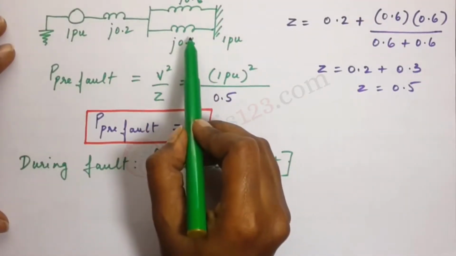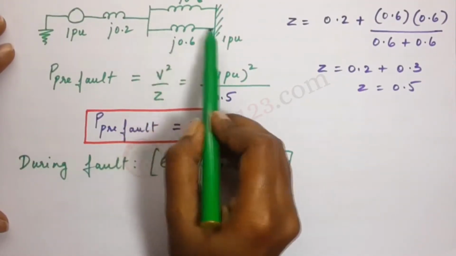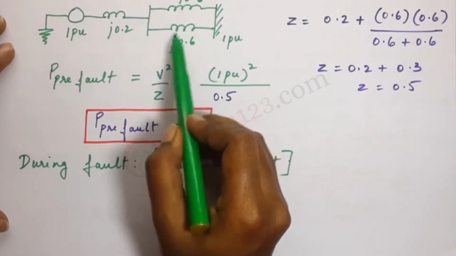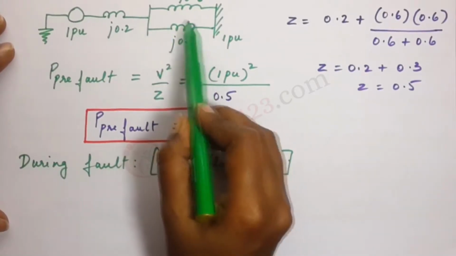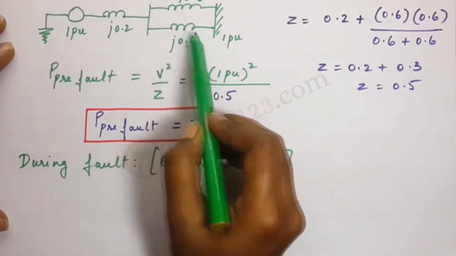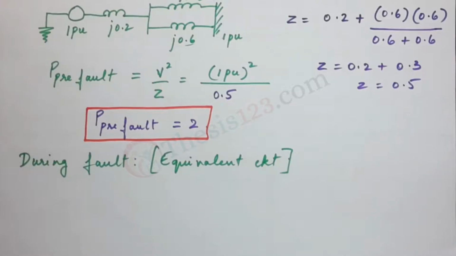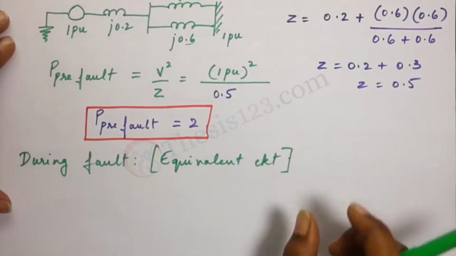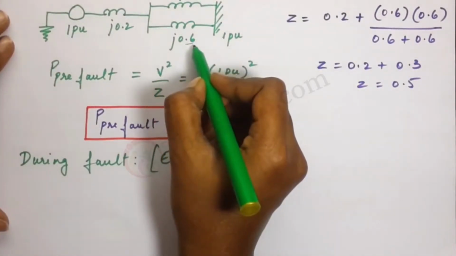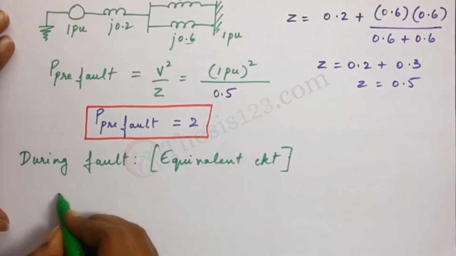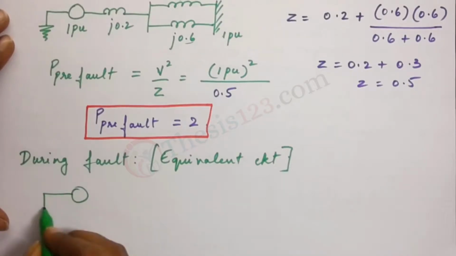The question says that the fault occurs somewhere in the middle of the second line. So when it occurs in the middle of the second line, the impedance is split into two. You can take any two values, but make sure that the values correspond to the fault occurring somewhere in the middle. Because the word middle is used, I'm going to split this 0.6 into 0.3, 0.3. Please observe.